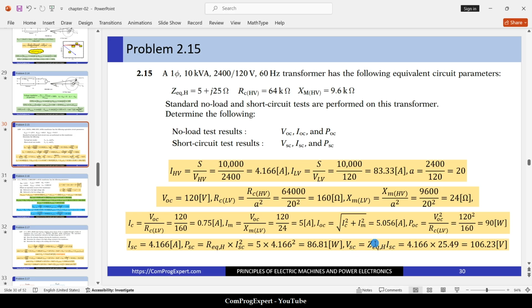What is the value of the voltage of the short circuit? It is the amplitude of the impedance, the equivalent impedance at the high voltage side, times the short circuit current. This is the value of the short circuit current. This is the amplitude of the equivalent impedance at the high side.